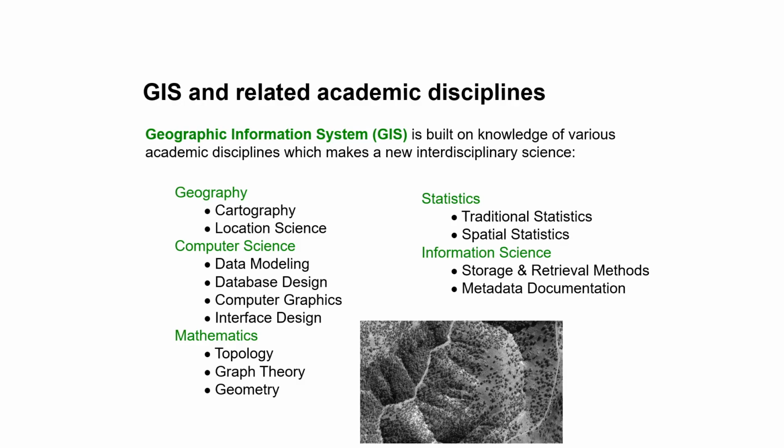GIS are closely related with different academic disciplines: geography, computer science, mathematics, statistics, and information science.